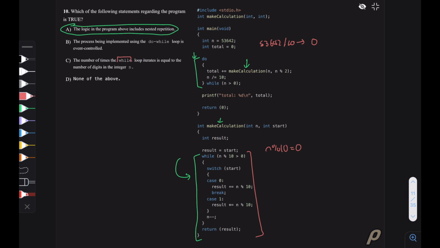And that's not necessarily the number of digits in it. The do while loop is iterating the number of times that is the number of digits in n, but the while loop is not. So make sure you read the semantics of the question there as they're trying to trip you up.